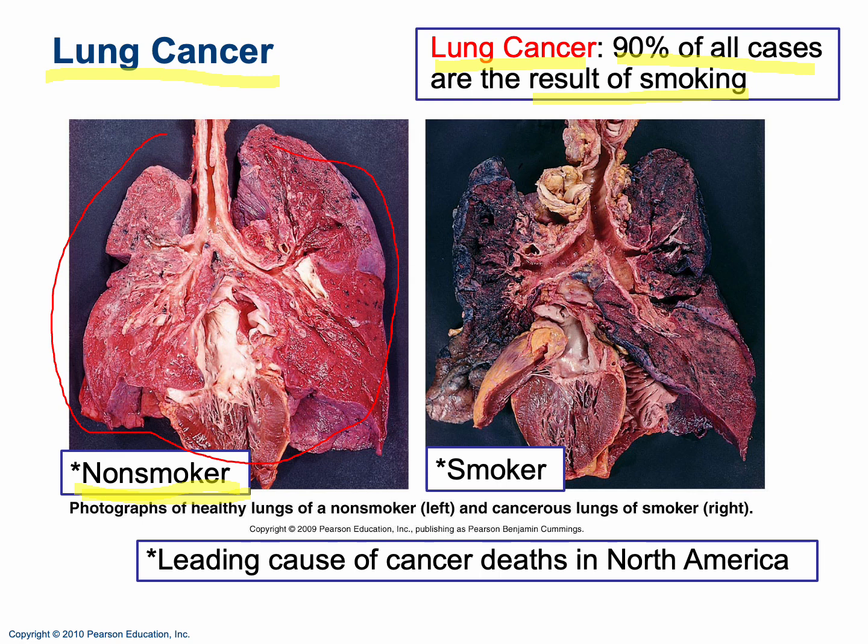And then the other picture that you can see here is the smoker. And very different here. The smoker's lungs are completely charred because of decades and decades of smoking cigarettes. So, very sad. No benefits to smoking, so don't smoke.